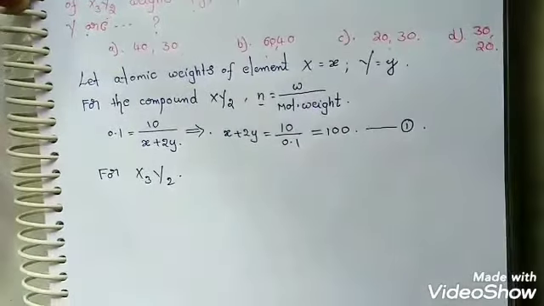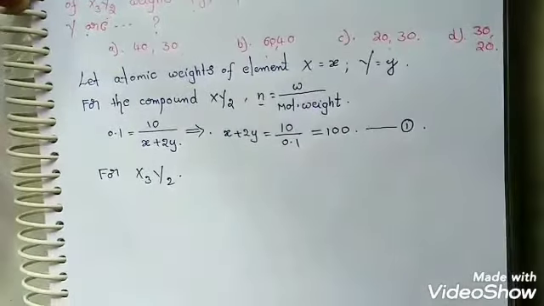Just as we did previously. See students, now we are getting two equations. Equation 1 is x plus 2y is equal to 100 and equation 2 is 3x plus 2y is equal to 180. Then let us simplify these two equations, students.